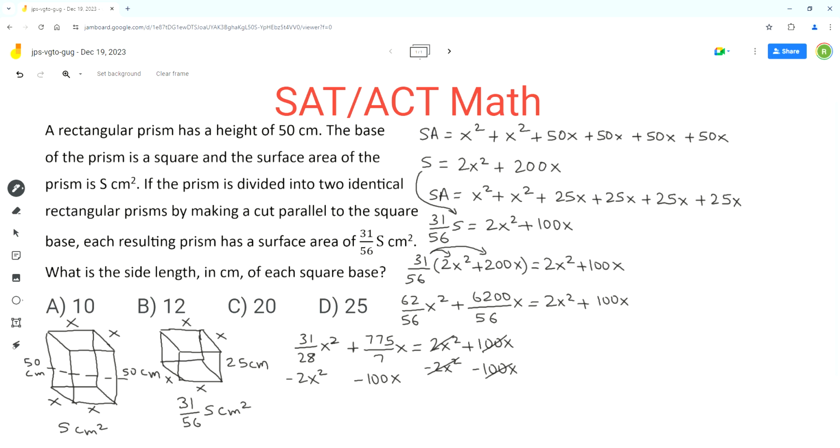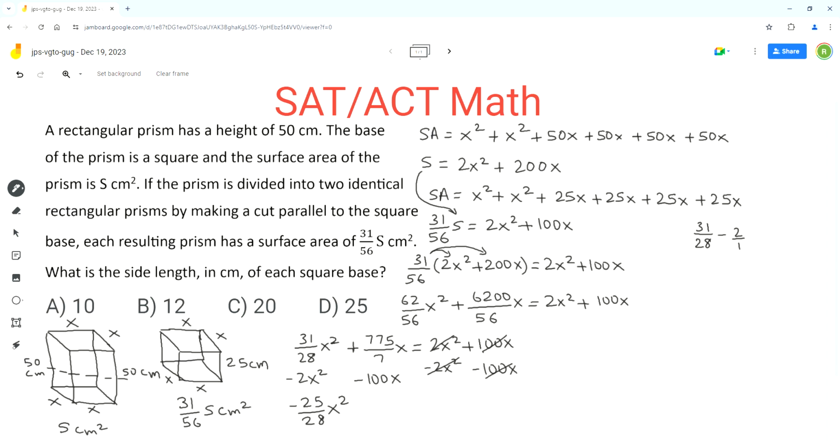On the left side, 31 over 28 minus 2 is equal to negative 25 over 28. We can use a common denominator to subtract the terms. So 31 over 28, I can show you the steps on the side, minus 2. The denominator of 2 is 1. The common denominator is 28.